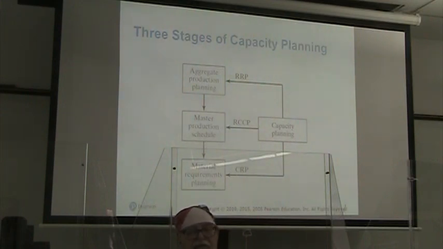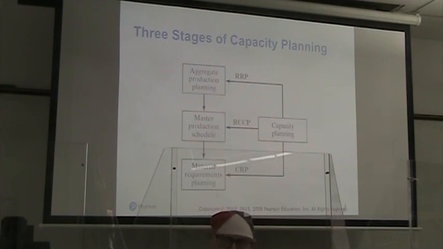And our capacity resource planning goes into the material requirements planning. All right, so all 3 of these, though, are capacity planning that needs to be done at each of these levels to make sure that we're talking realistically and we're not just talking blue sky.